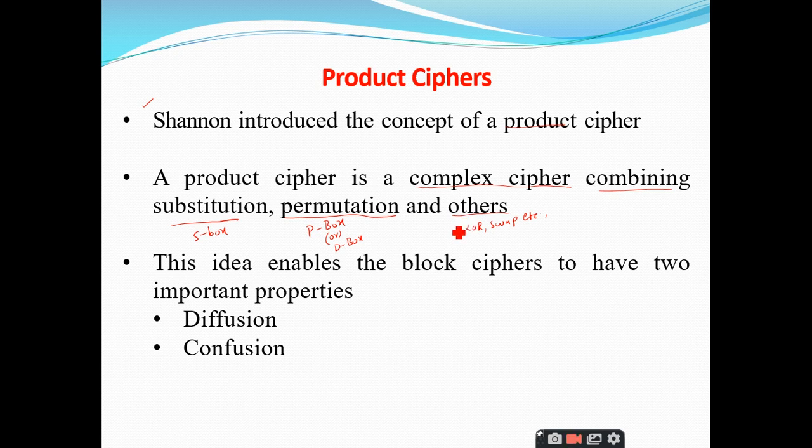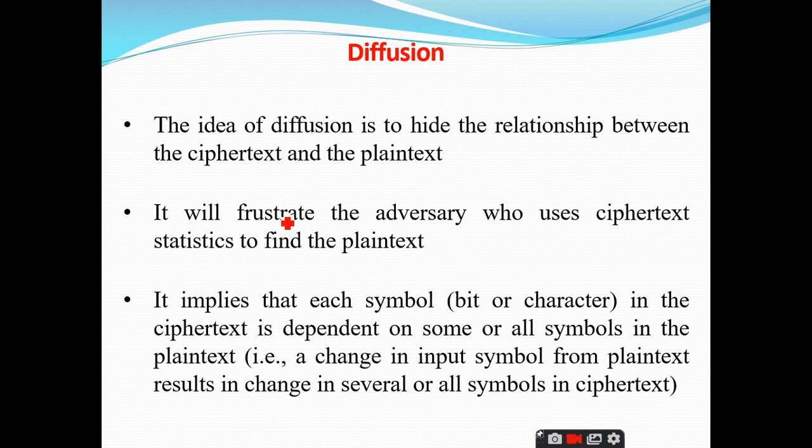Is it clear? So the idea enables block ciphers to have two important properties. One is the diffusion property and the second one is the confusion property. Diffusion gives the relationship between the ciphertext and the plain text.